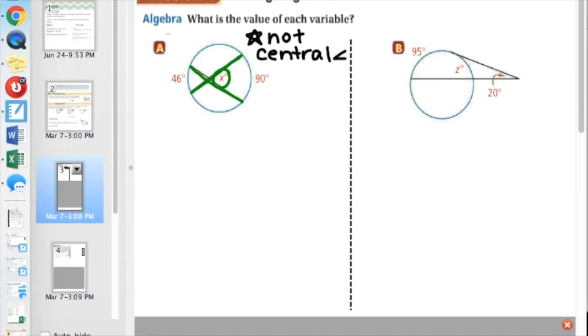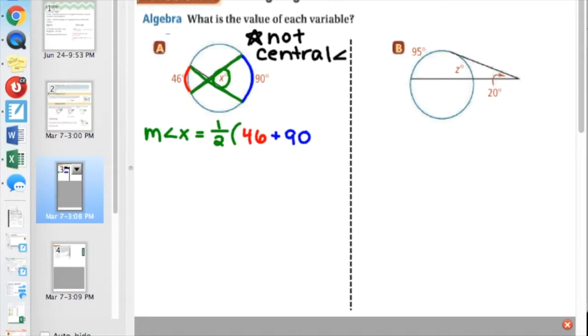This is not the situation. X is created by 2 secant lines. So to find the measure of X, I'm going to take the average of the 2 arcs that I intercept, a 46-degree arc measure and a 90-degree arc measure. So I'm going to take half of the sum of 46 and 90.